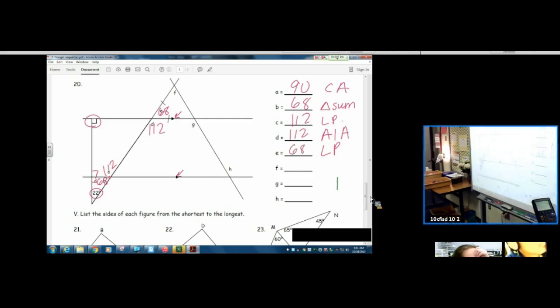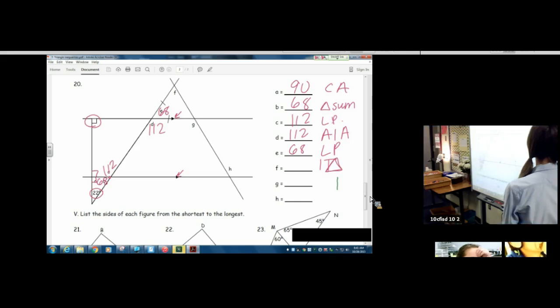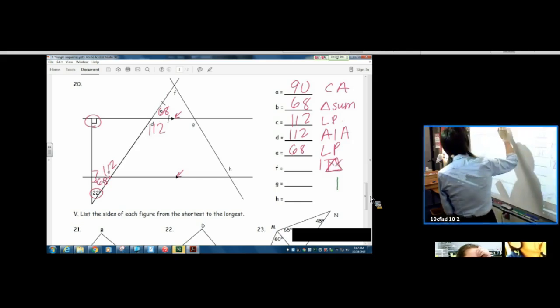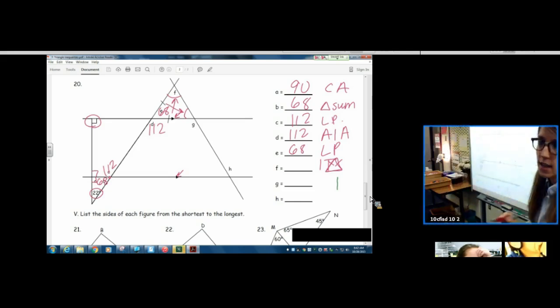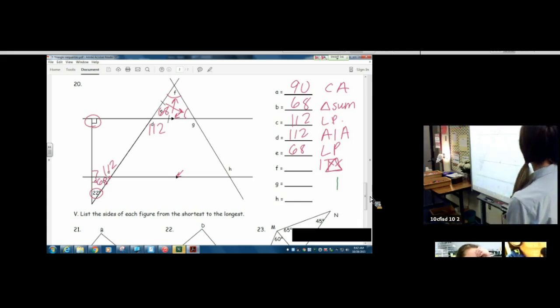Now we're going to use the isosceles triangle theorem. And we know that these two are congruent because those are the base angles of an isosceles triangle. So I can do 180 minus 68 divided by 2. So F is 56.